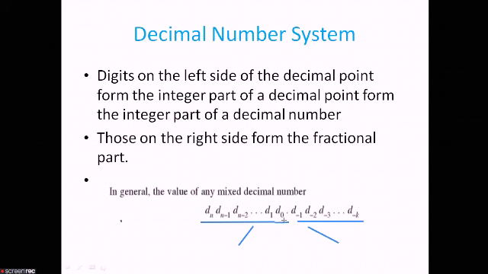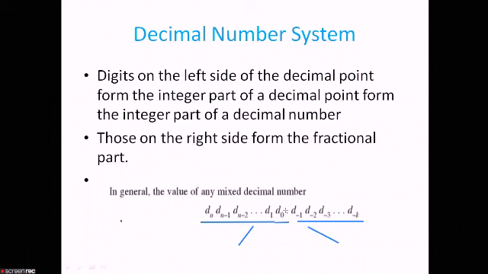This is the first digit to the right hand side, and the weight goes on like this, and it will be d minus 1, d minus 2. Each of these denotes the digits, this is the point, this denotes the integer part, and this denotes the fractional part.